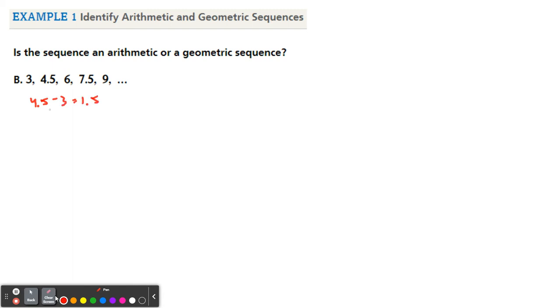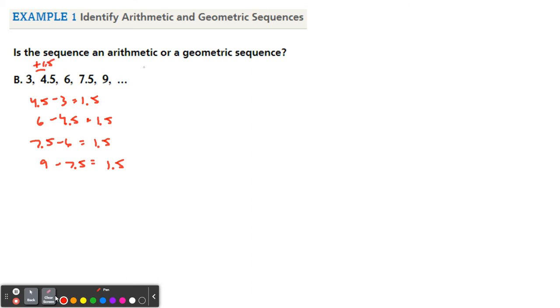That's 1.5. Take the third term, 6, and subtract 4.5. That's 1.5. Take the fourth term, 7.5, and subtract the third term, 6. That's 1.5. Take the fifth term, 9, and subtract the fourth term, 7.5. That's 1.5. Every time it's increasing by 1.5.